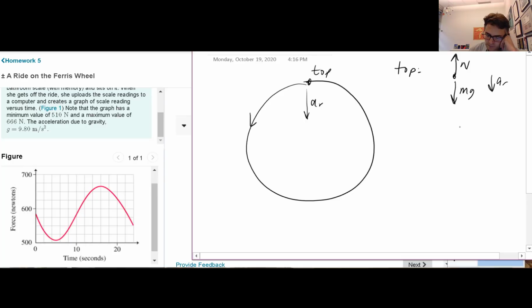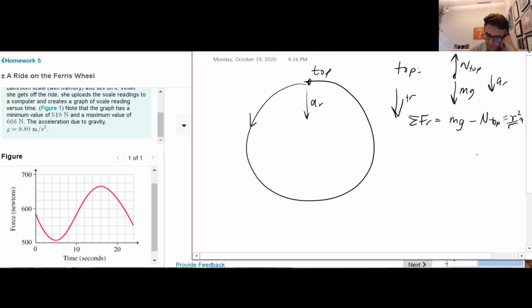And so you will see here, let's call this N top, that if you set plus r to be down, the sum of the forces in the r direction is going to be mg minus the normal force at the top. Okay, and that's going to be equal to v squared over r times the mass.